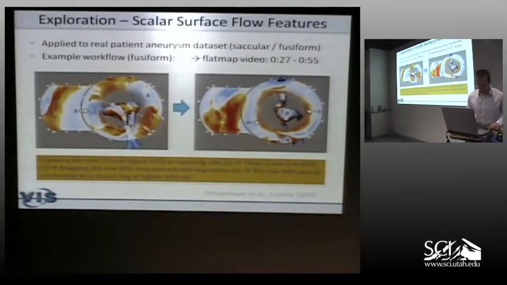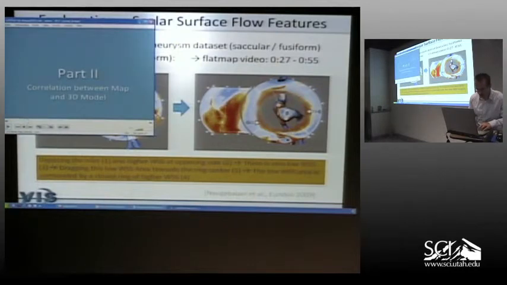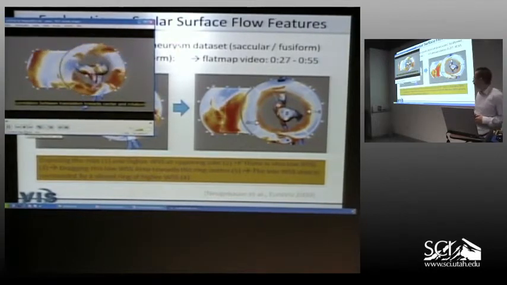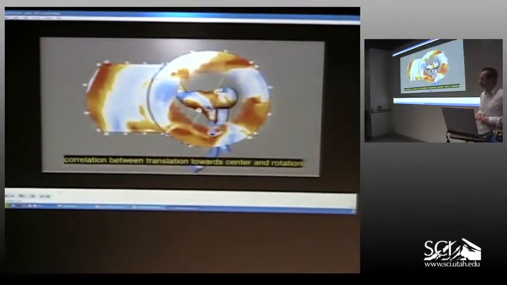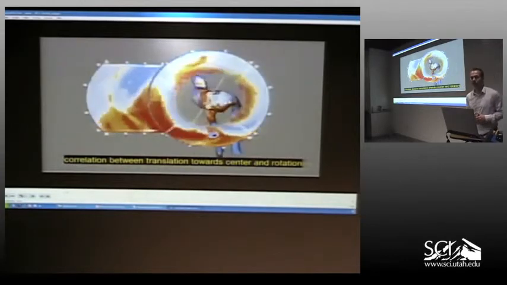So, I think it's better to show a video for this. The flat map video that was presented at EuroVis in 2009 in Berlin. And here you see how the user interacts with this kind of visualization. I should enlarge it. He can drag features from the map display in the middle, and then they become visible there.